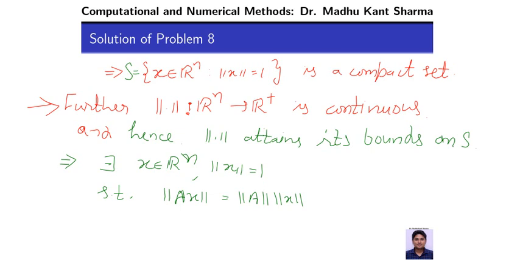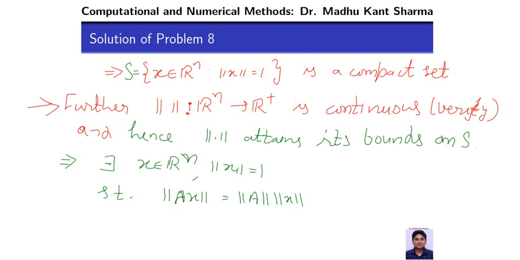So if I wish to give you the hint for this, you have mod of norm of xn minus norm of x is less than or equal to norm of xn minus x.